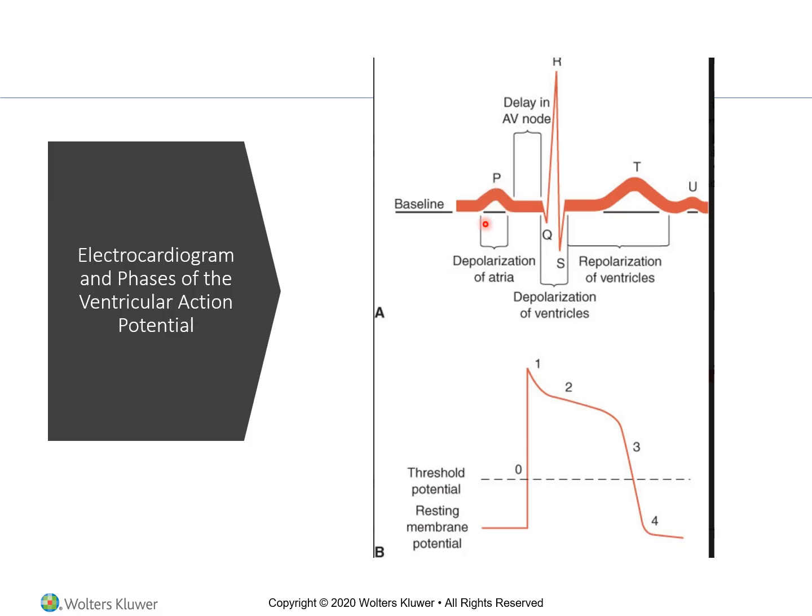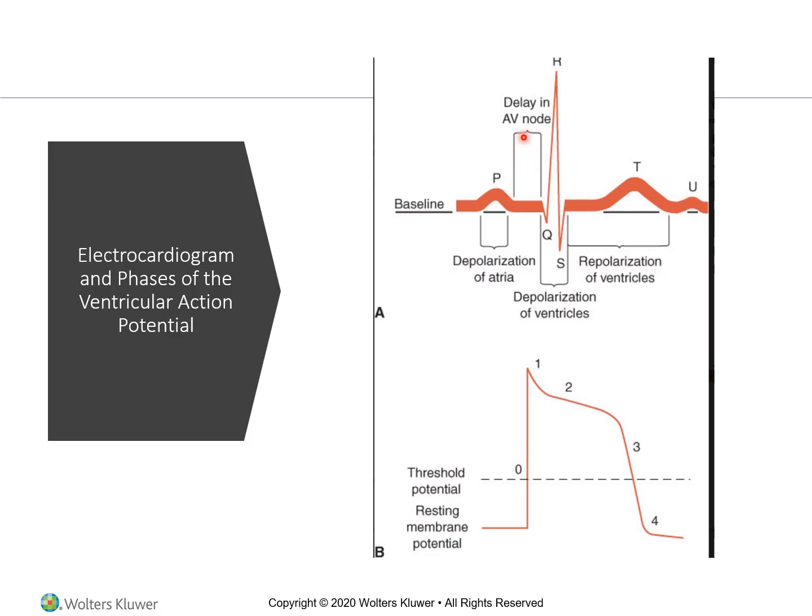So that electrical signal is going to move across the heart in sort of a wave. That smaller atrial chamber depolarizes first. The EKG picks up that electrical activity, and that's what forms what we call the P wave on an EKG. And then depolarization continues.